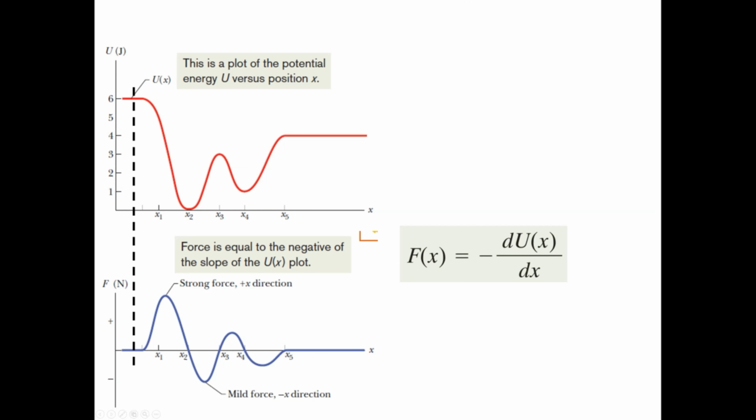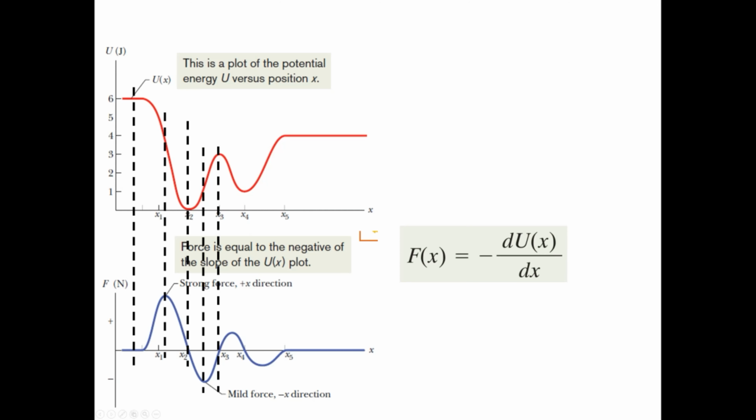Let's see how they match. At this point, you have 0 slope, so you have 0 force. At this point, you have a very good slope, so you have a very strong force in the positive direction. Here you have 0 slope again, only for a little bit, but that is 0 force. Here you have a slope, so you have a strong force. Well, mild force compared to the first one.